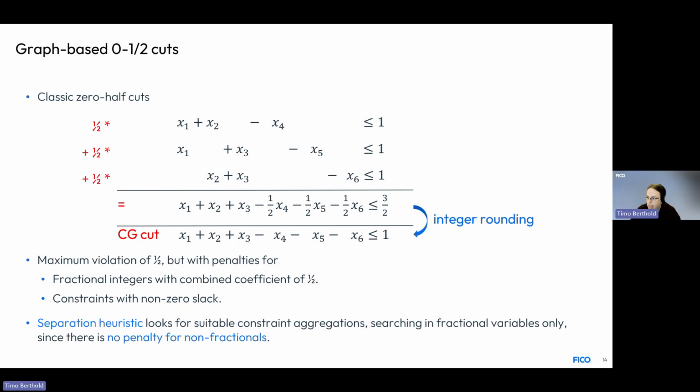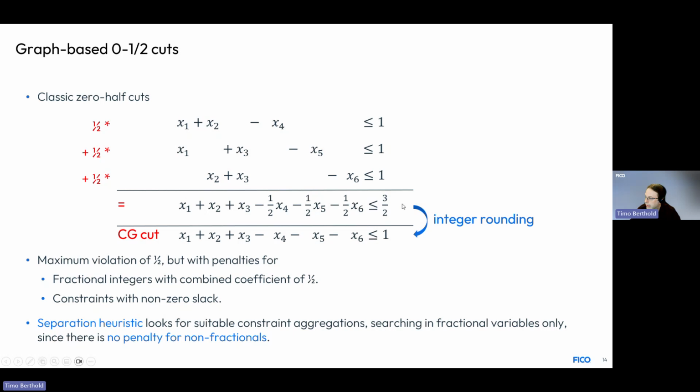And if the sum of the right-hand side is odd, then you end up with fractional variable coefficients like here, and then you can round that down. And also, after rounding all the left-hand side coefficients, you hopefully get a cutting plane that cuts off the current LP solution.